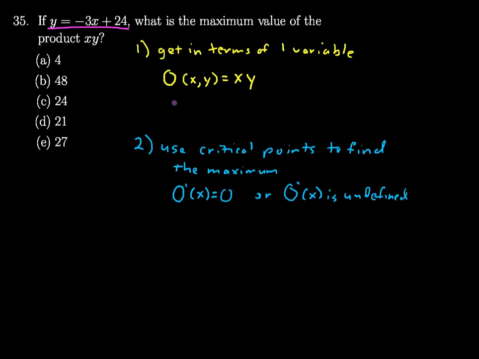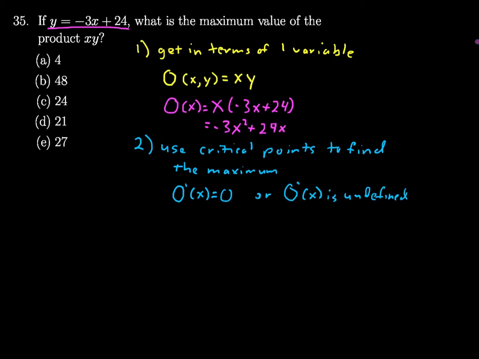So O in terms of one variable is equal to x times negative 3x plus 24. For purposes of taking our derivative, it'll be a little easier to see this as negative 3x squared plus 24x.